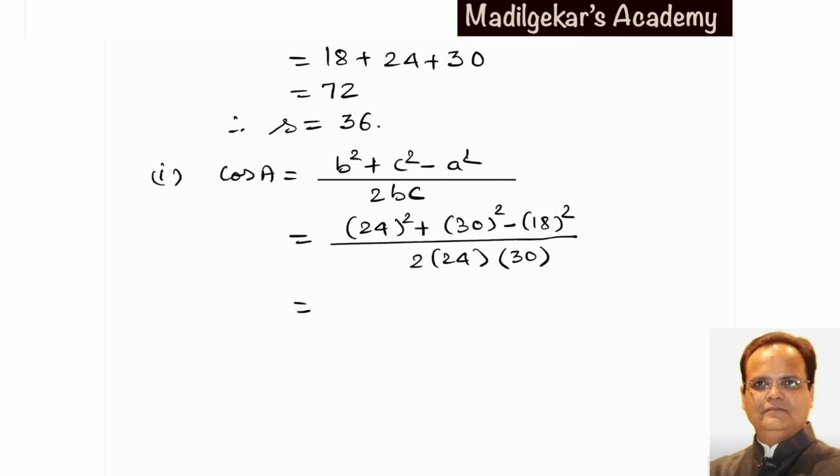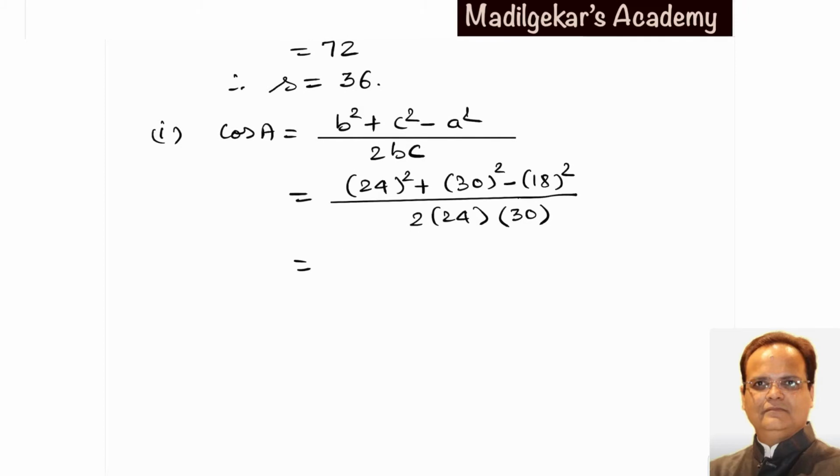On simplifying, we get 1152 upon 1440. That is 4 by 5. So this is cos A.